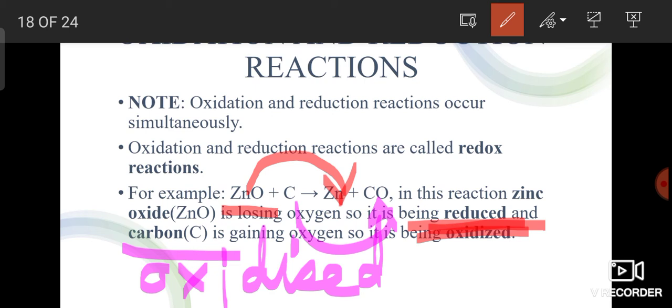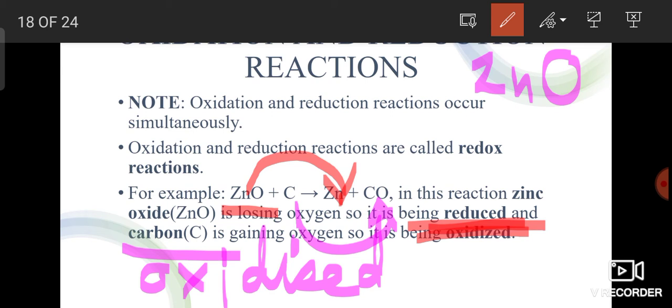Now if you are asked to identify the oxidizing agent and the reducing agent, it is even easier to identify the oxidizing agent, the one who has oxygen. Who has oxygen over here in this example? The one who has oxygen is the oxidizing agent, and I guess zinc oxide has oxygen. That is why zinc oxide is the oxidizing agent. ठीक है?